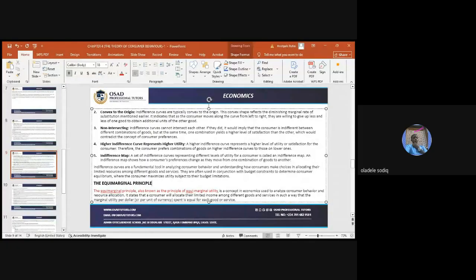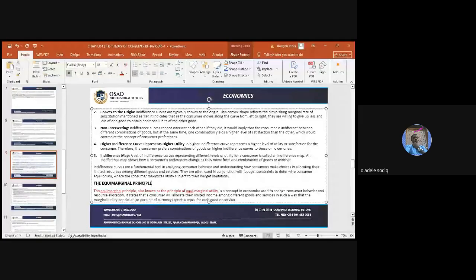Please take note of that. The equimarginal principle is a concept in economics used to analyze consumer behavior and resource allocation.